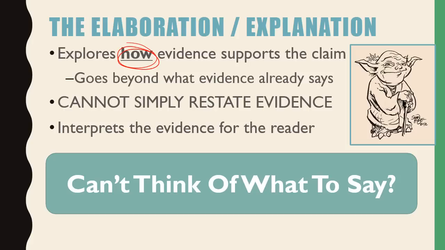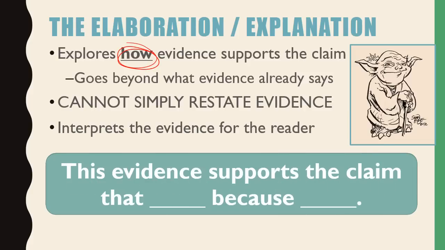So if you can't think of what to say, start yourself off with just this simple sentence and fill in the blanks. So the sentence says, this evidence supports the claim that blank because blank. So in this first blank here, you're just kind of reminding us of the claim.